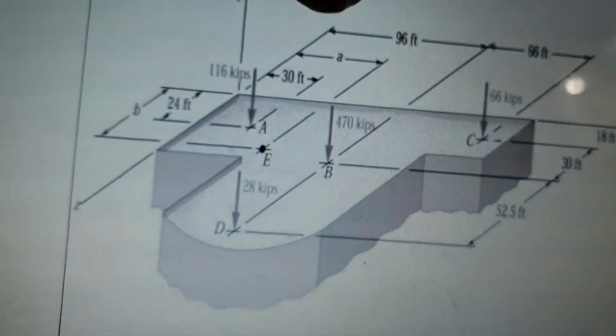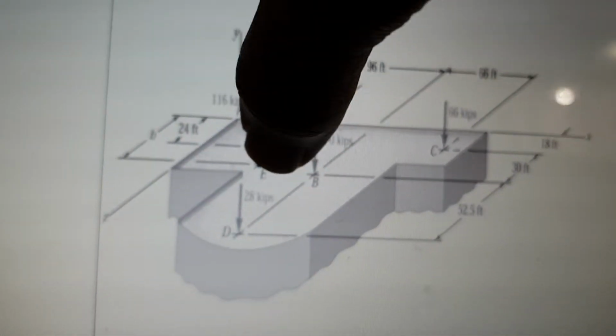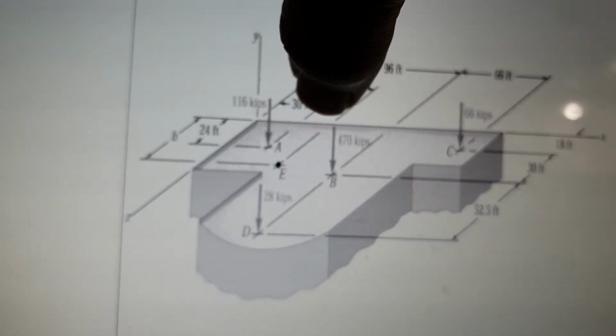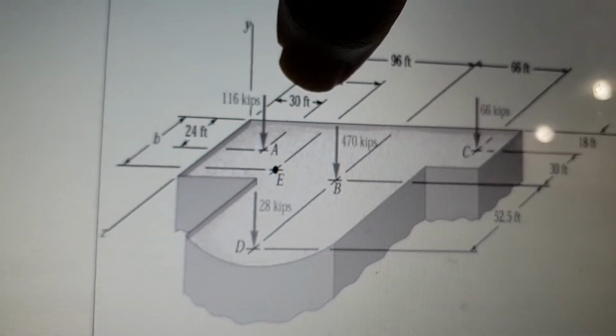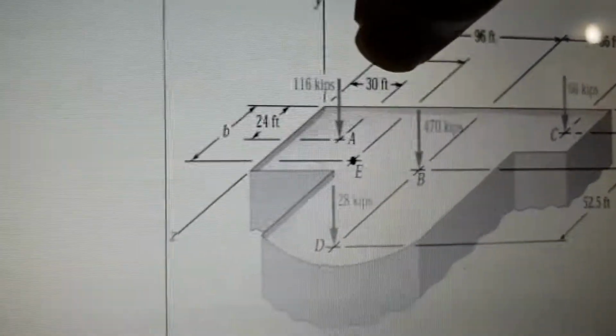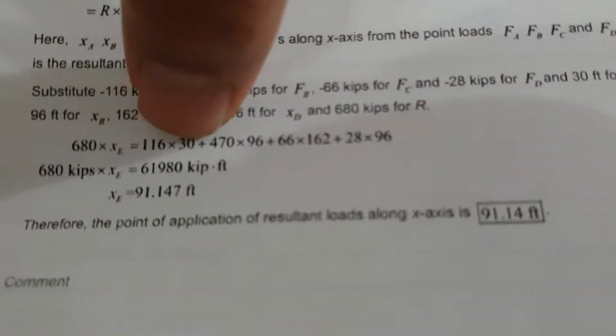Let's do the first one, 116. Now it's not along the z, it's along the x toward the z. So this is 30 feet. You can see 30 feet. Okay, so we do it like this. 116 times 30 feet plus 470.